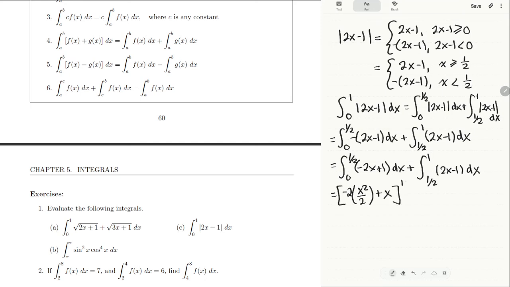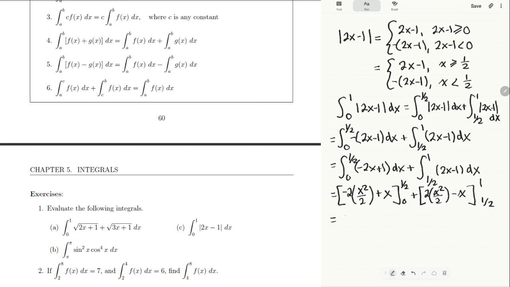And we evaluate this at 1/2 and 0. And for the second integral, we have the antiderivative of 2x, which is 2 times x squared over 2, minus the antiderivative of 1, which is x. And we evaluate this at 1 and 1/2.